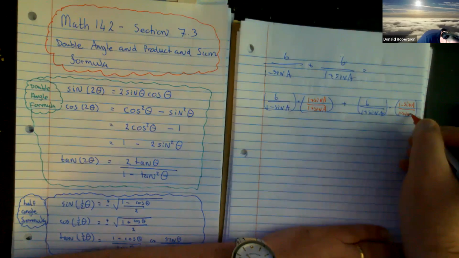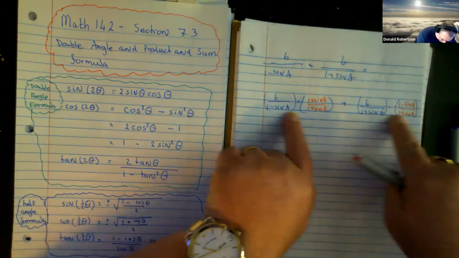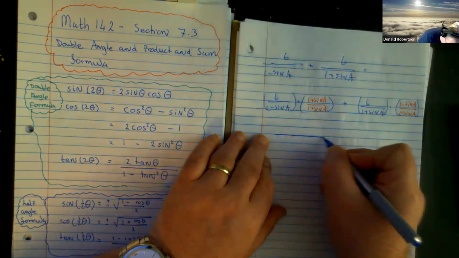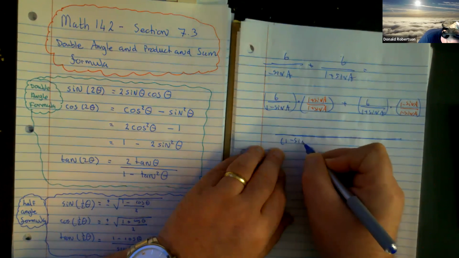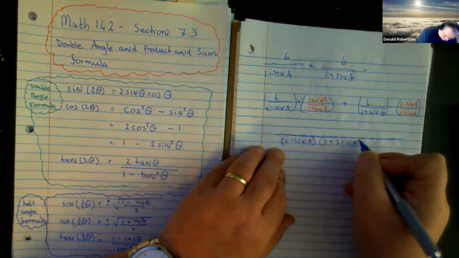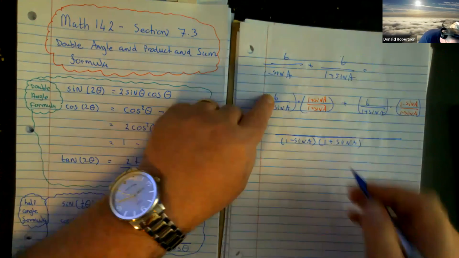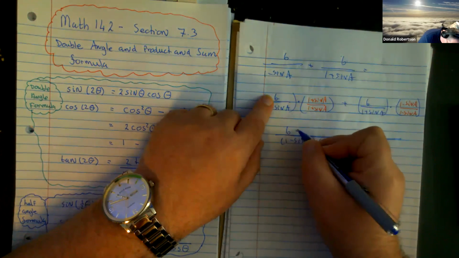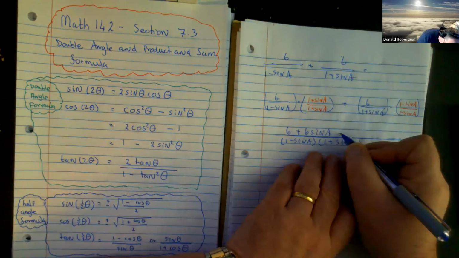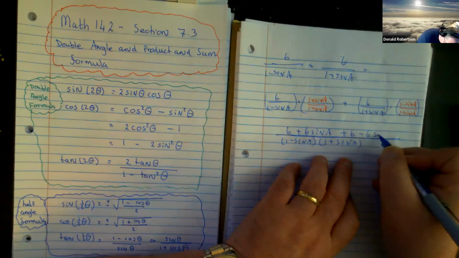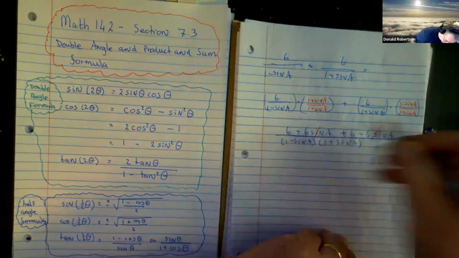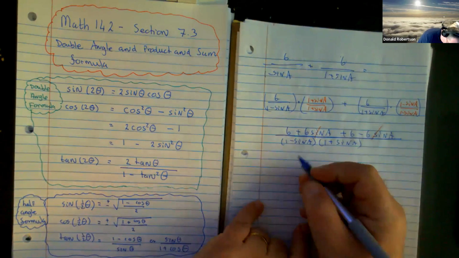Now the net effect of that is that these two fractions will share a common denominator, which is 1 minus sine A followed by 1 plus sine A. If you multiply these two, you'll get 6 plus 6 sine A. And if you multiply these two out, you get 6 take away 6 sine A. And these cancel out, and these become 12.